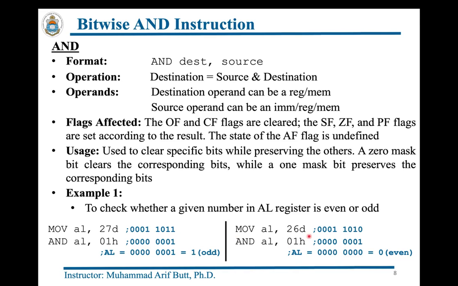On the contrary, over here you can see that since the number inside the AL register is an even number, after we perform an AND operation with the mask of 01 with the contents of AL register, we get a 0. So for an odd number, we get an output of 1, and for an even number, we get an output of 0. So this is how in assembly we can identify whether a number inside a register is even or odd.